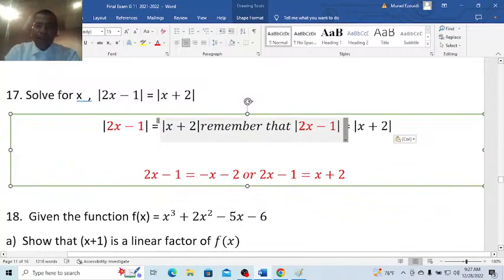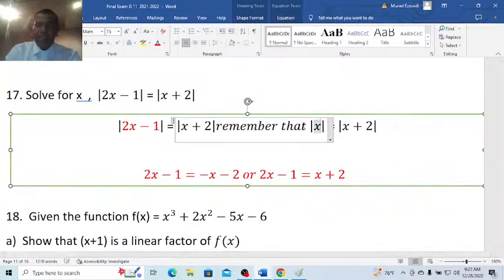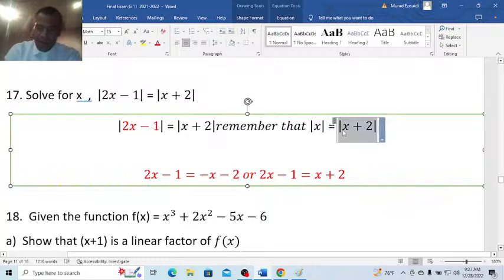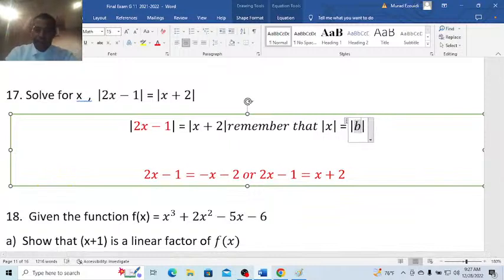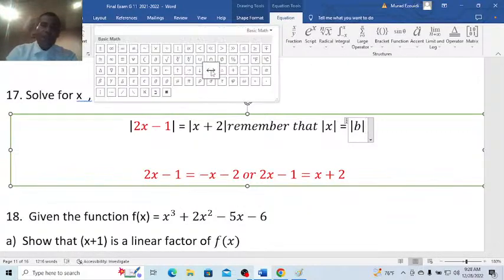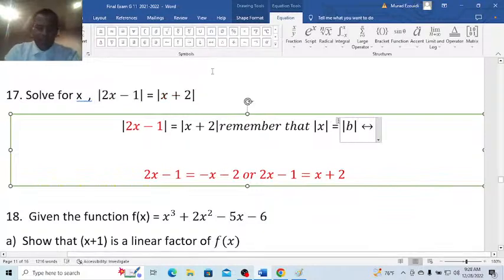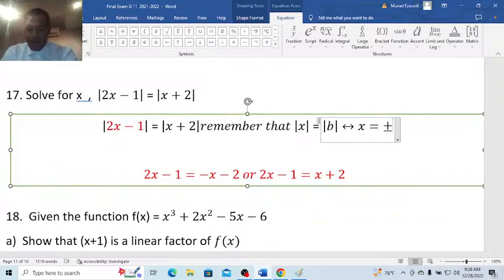If, for example, |x| equals b, this means, if and only if, or this is equivalent to, x equals plus or minus b.